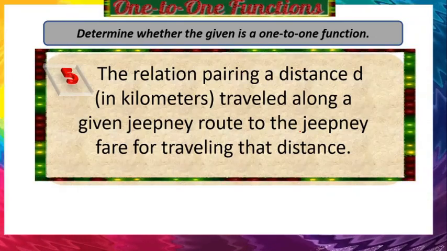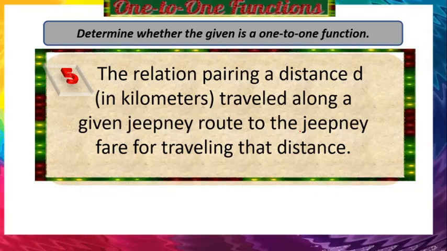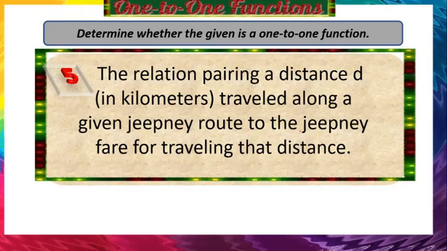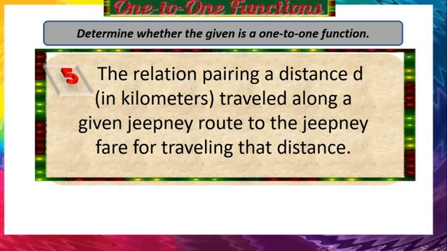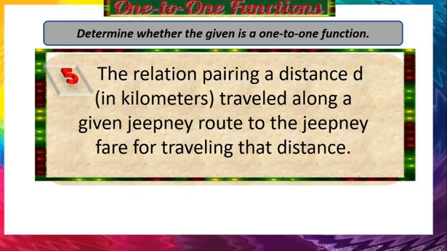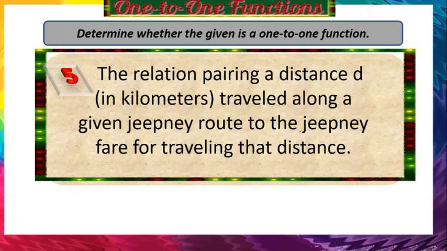It's because, for example, the fare that could be charged by a jeepney driver for, let's say, 4 kilometers is 10 pesos. But if you travel more than 4 kilometers, there is an additional, let's say, 1 peso for every additional kilometer you traveled. So that is not a one-to-one function.